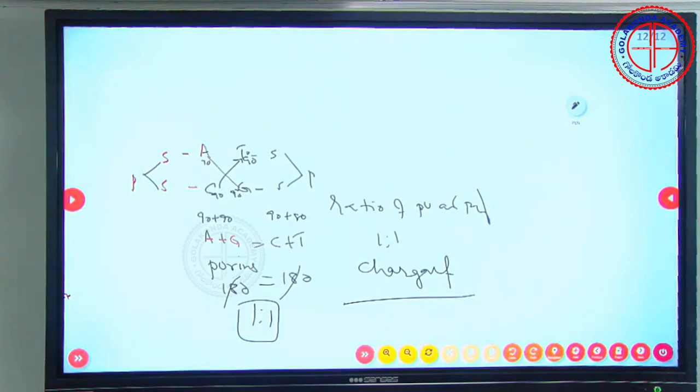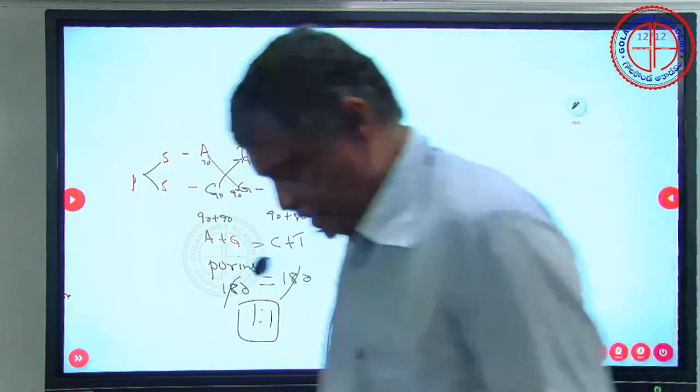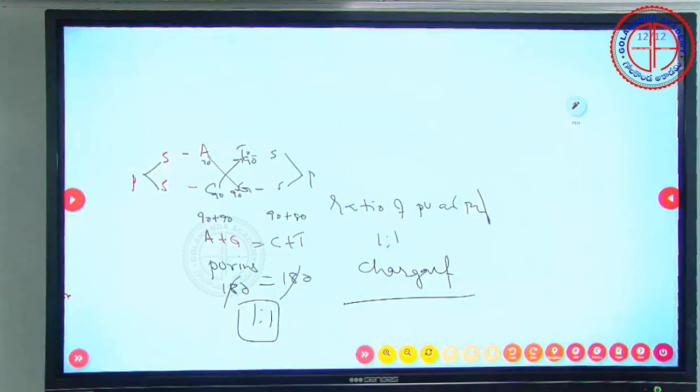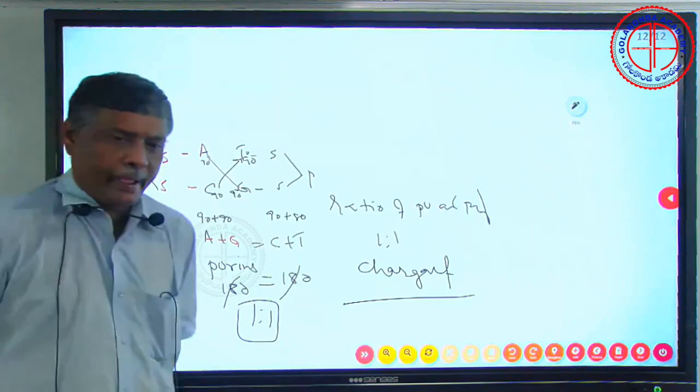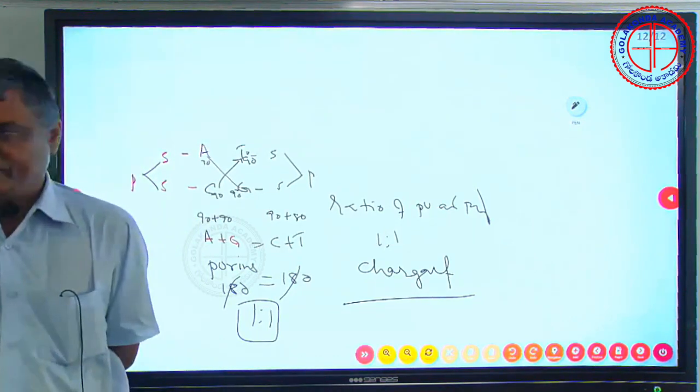In DNA, the angle in between purines is 180 degrees, and in between pyrimidines, 180 degrees.